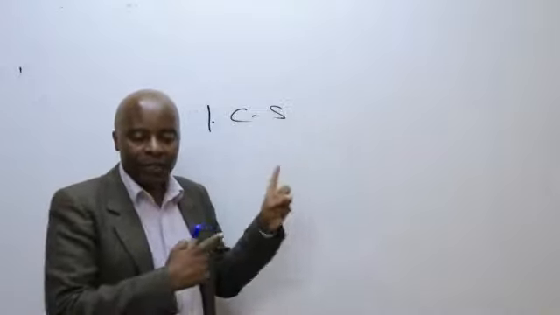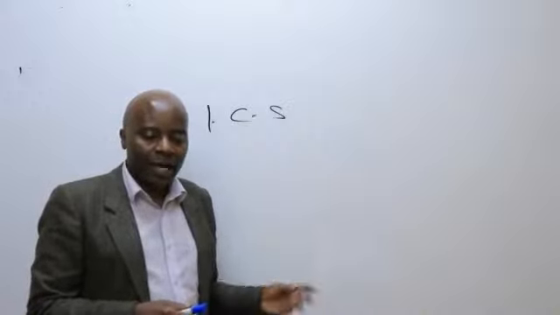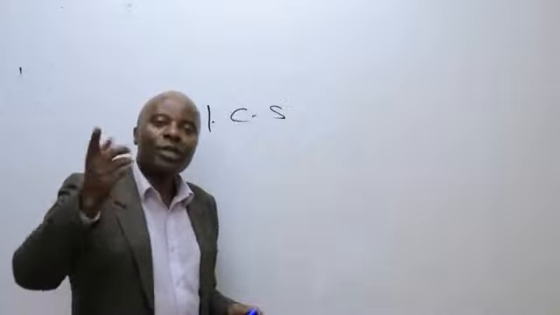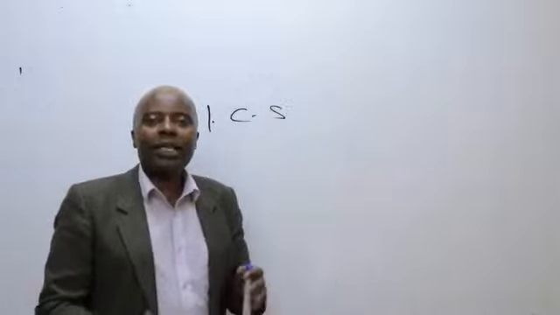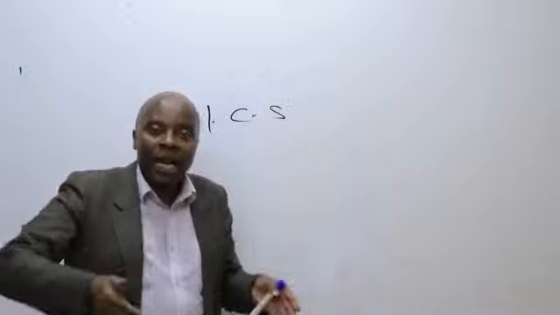This is a life skill, ladies and gentlemen. ICS, internal control system, is that particular system that we put in place to ensure that all revenues of the company are collected, and expenses that are incurred at the end of the day are expenses that were genuinely incurred by the company.